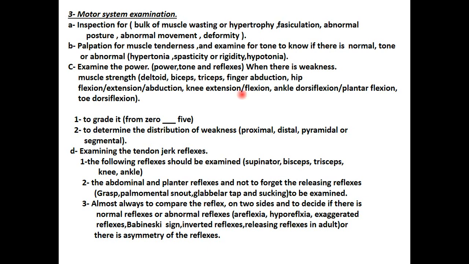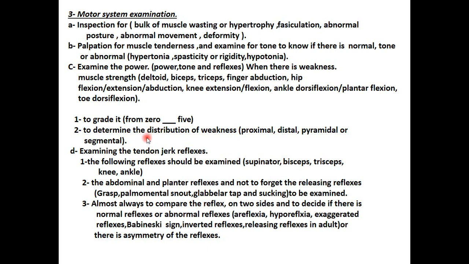So all these muscles you put in action and examine the power. The power may be normal, grade 5, or there may be weakness, or 0 if paralyzed. So you have to grade the power of the muscles from 0 to 5.